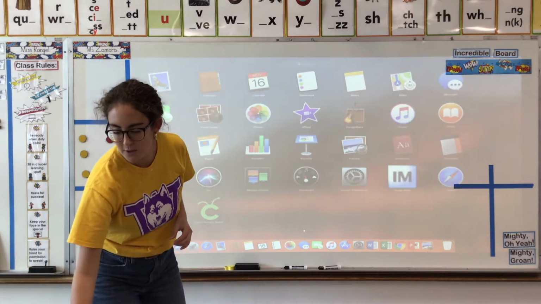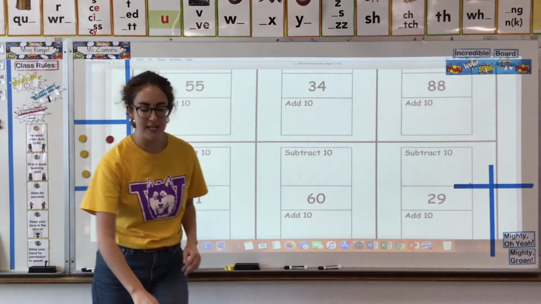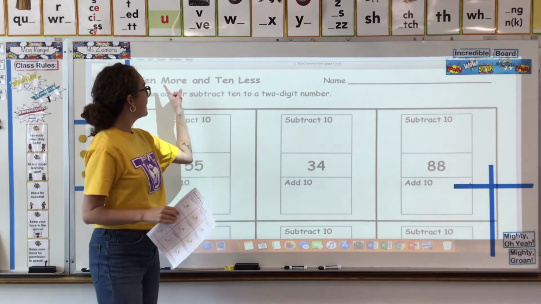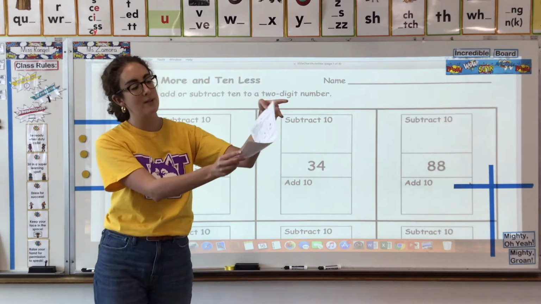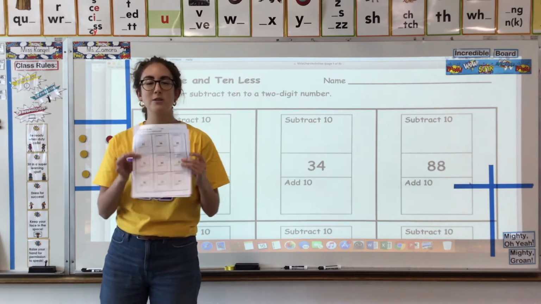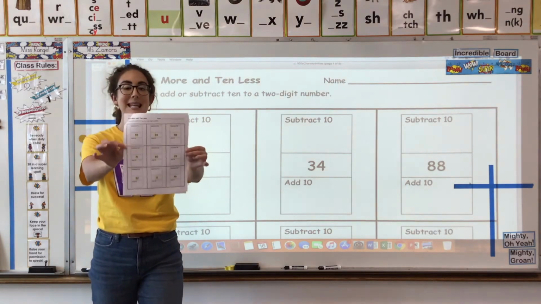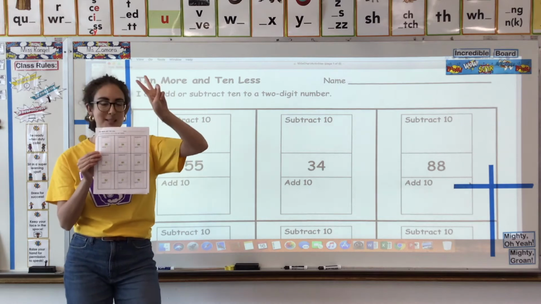You are going to get out this worksheet. On the top it has 10 more, 10 less. It's stapled with some other friends. This is the next thing we are going to use to practice our skip count. So make sure you get this out and you're ready with a highlighter or a pencil.